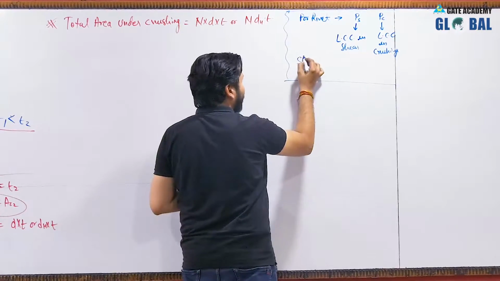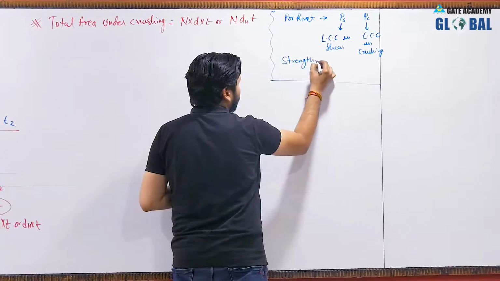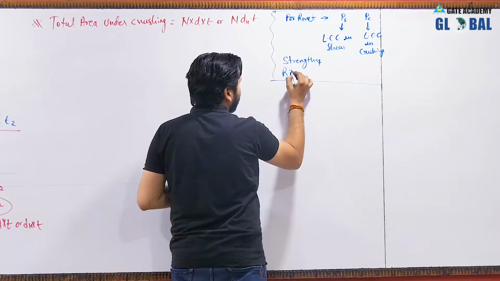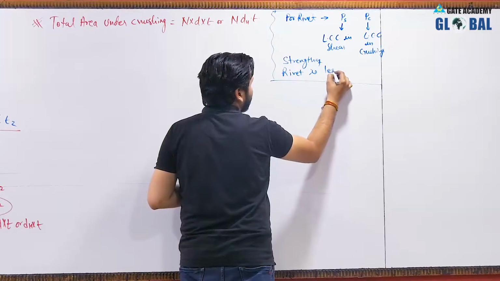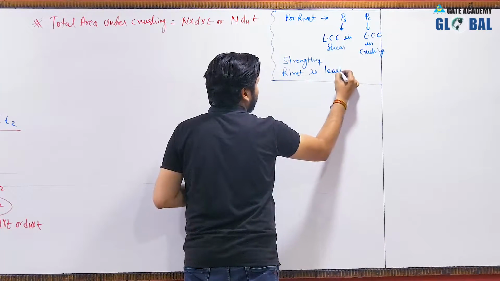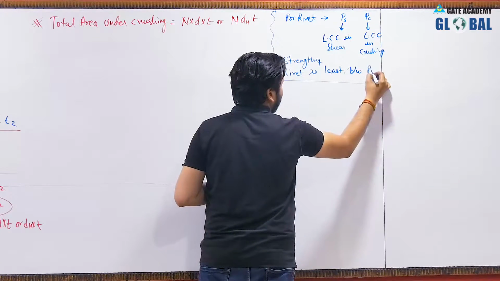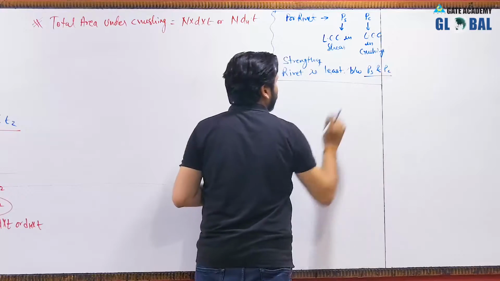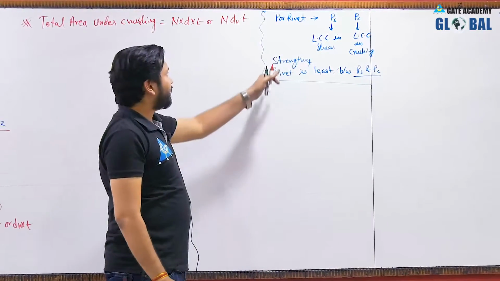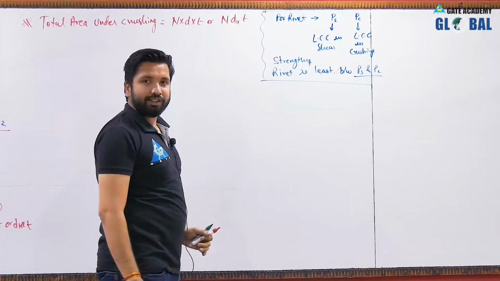The strength of rivet is least between PS and PC, whichever is the least value, that will be the strength of rivet.